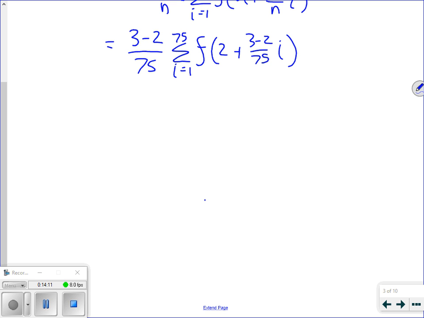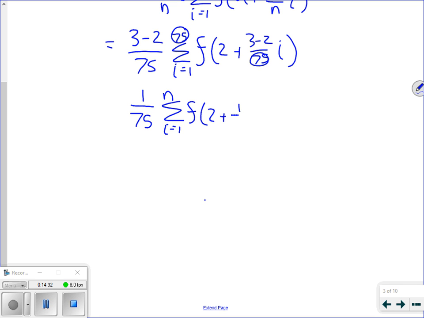Now let's solve it. So 3 minus 2, that's 1 over 75, summation i equals 1. Now, I went ahead and plugged in 75 for n because we are using 75 rectangles here. But let me give you a little trick. Let's keep that as n for now, and you're going to see why.